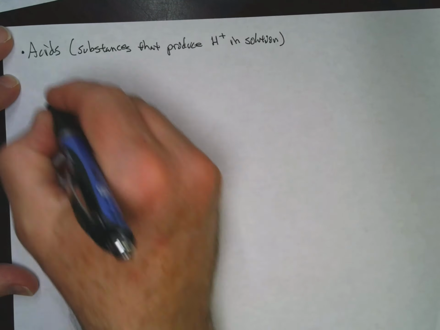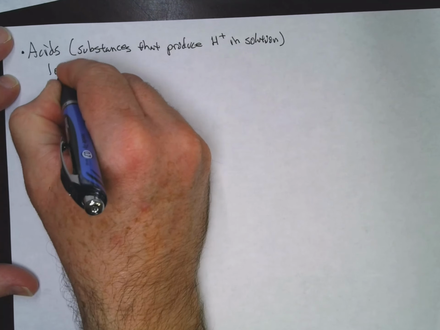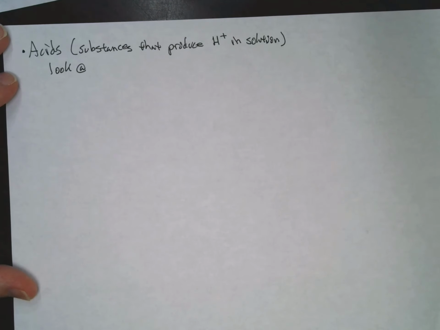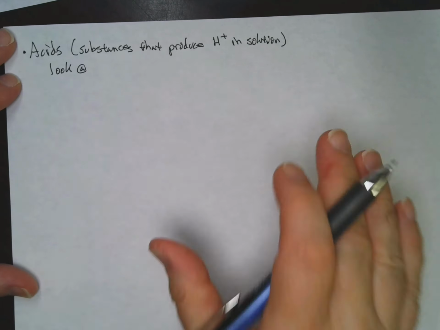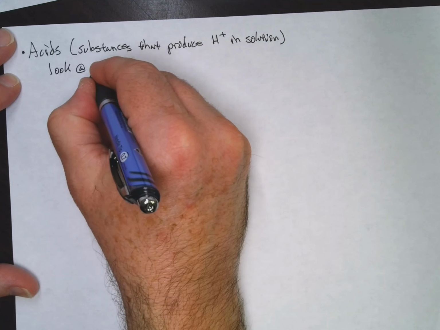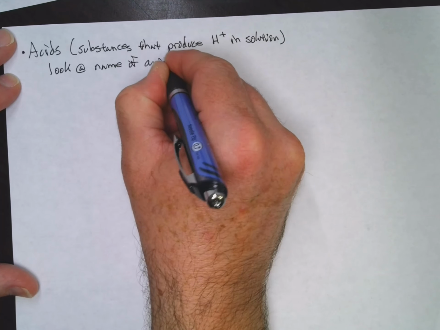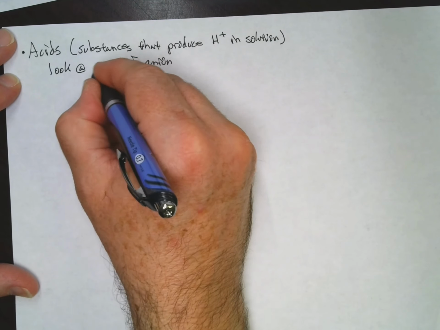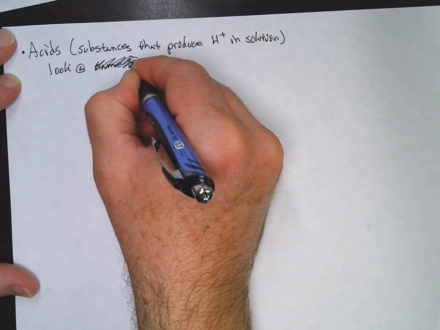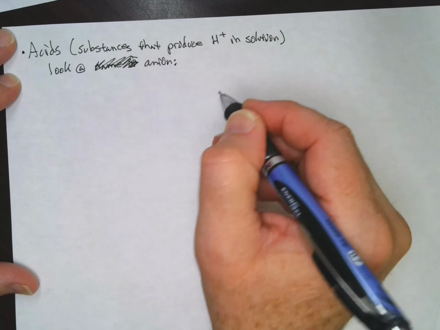So what we need to do is, when we name those, we need to look at the name of the anion. How about that? We'll worry about the name of the anion in just a minute.